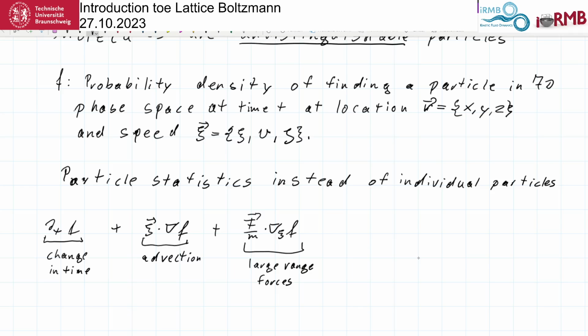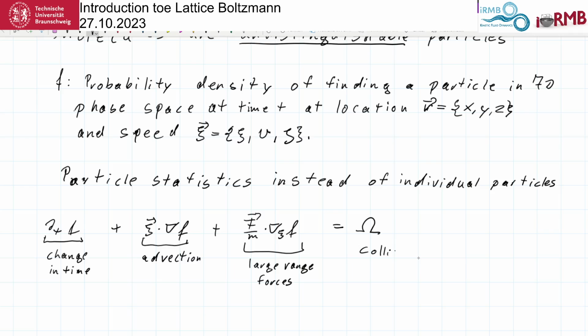These are forces that come from the outside, so to speak, like the gravitational force, or if you have charged particles, electrical forces. So most of the time we'll ignore this thing. This is not a very important thing.